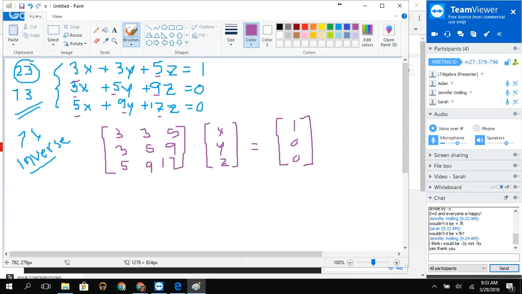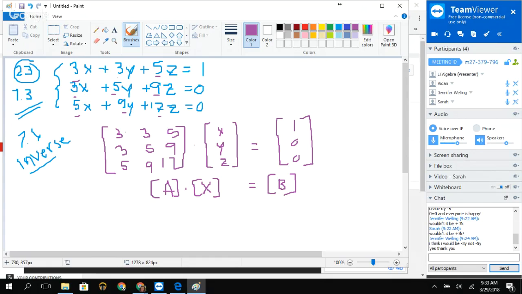If I just call these by their matrix names, let's call this guy A, matrix A, times some variable matrix, which we'll call big X. It's hard to make a big X in here, but that's my big X matrix. I can even put little brackets around my matrices to make it clear. And then that equals some matrix B.